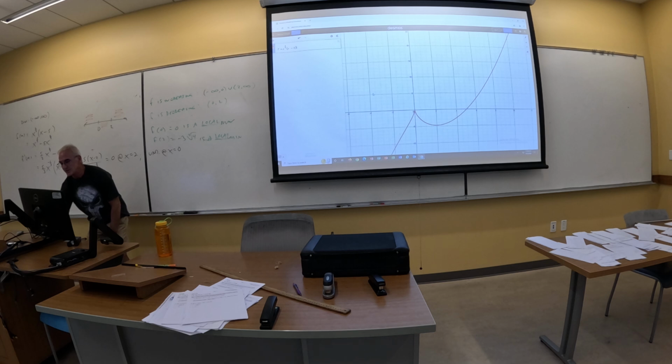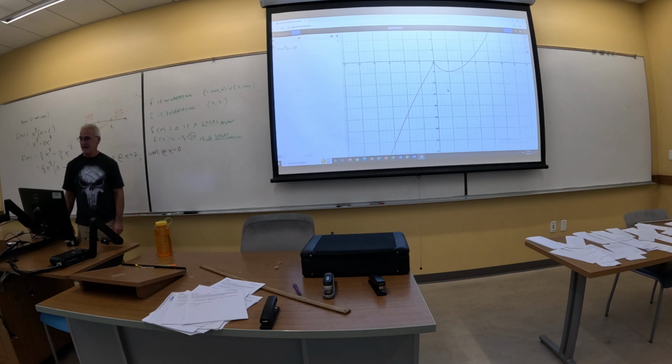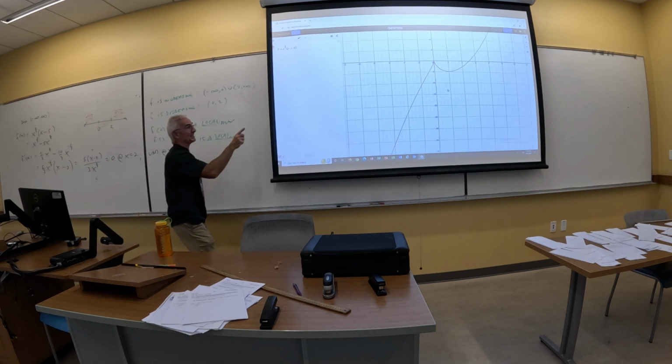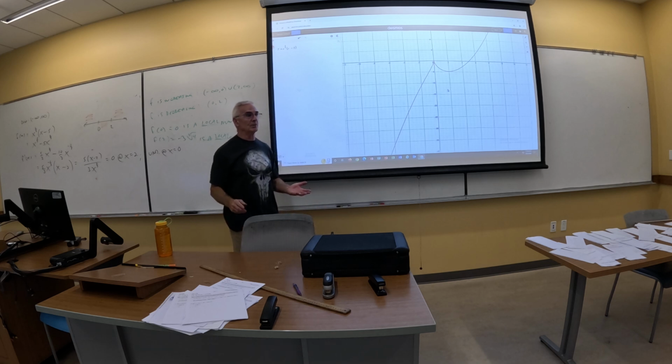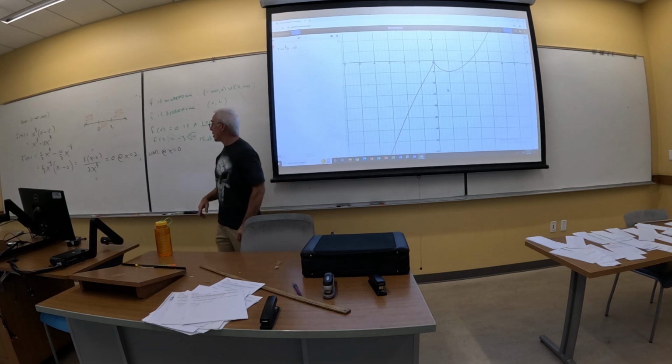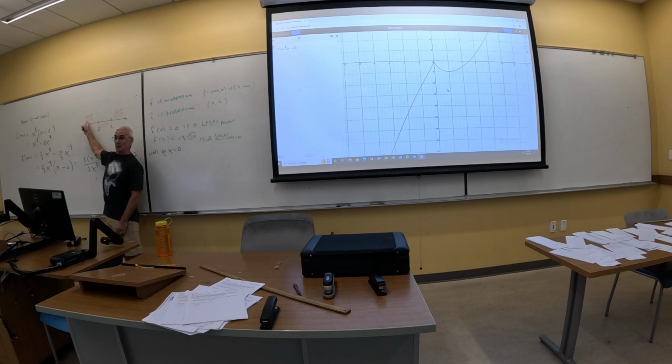Now, I believe we drew this the other day. Is that correct? What's happening at the origin? What's that called? Cusp. That's called a cusp. I said it's pointy. It's sharp. It's not flat, but it did turn around there. How do I know it turned around there? Because it was a critical value? No, because I went from increasing to decreasing there. That's how I know it turned around there.